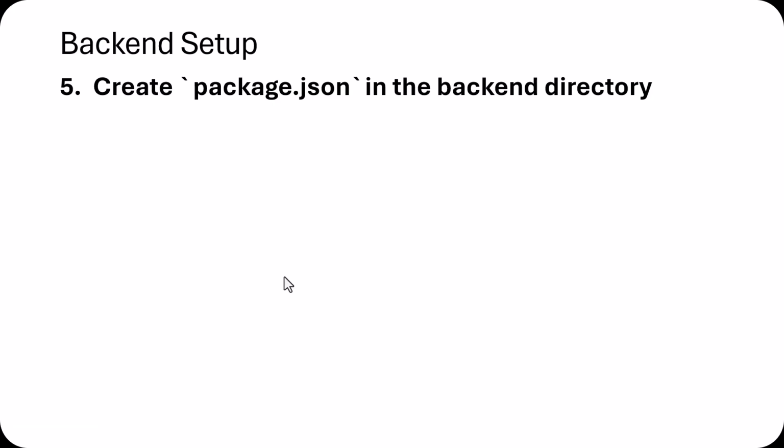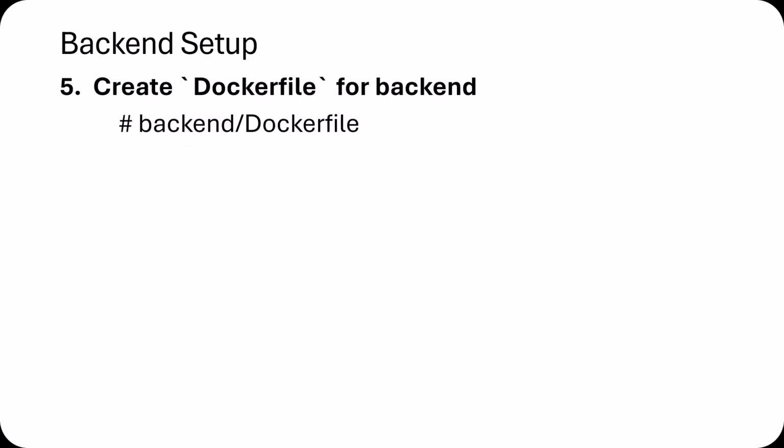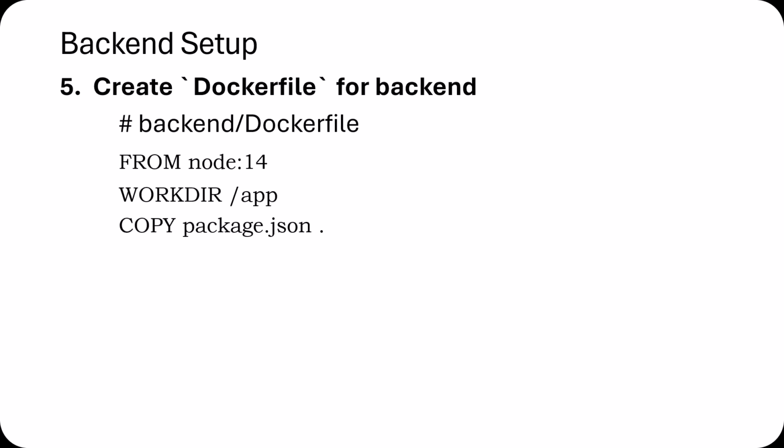Running through the slideshow so that we are in unison, this is the package.json which I just created. Then we create the Dockerfile for the backend. It uses FROM node version 14, and the work directory on the container is front/app.